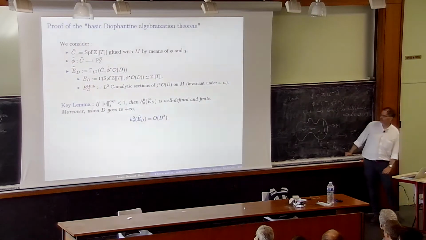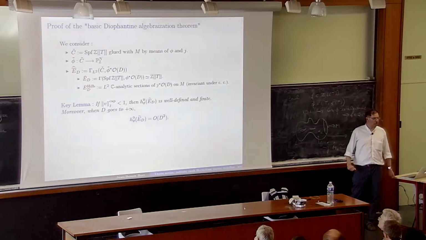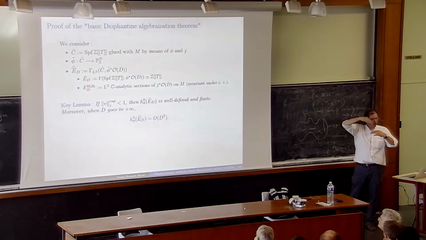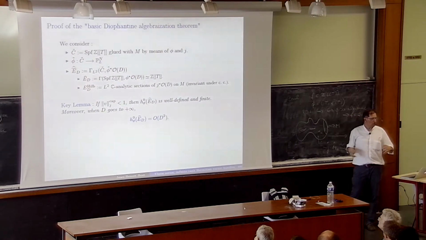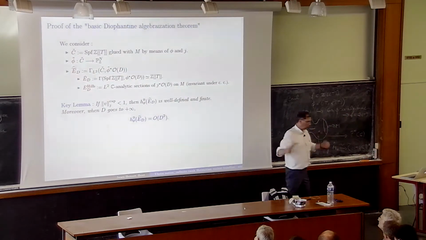Once you have the general recipe to compute or to estimate H0 theta, you have no choice. You have to compute these subquotients, the squares of Qi, and you have to estimate the H0 theta of the subquotients.